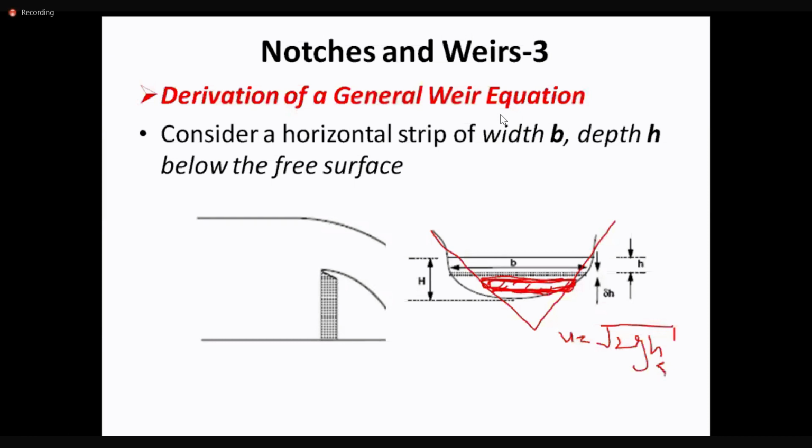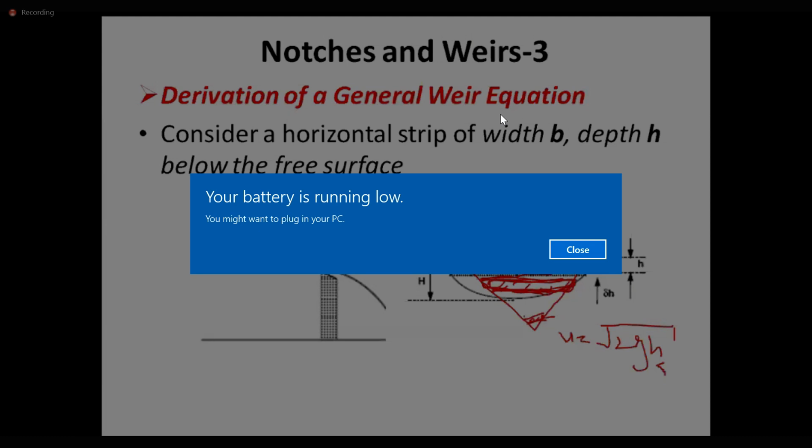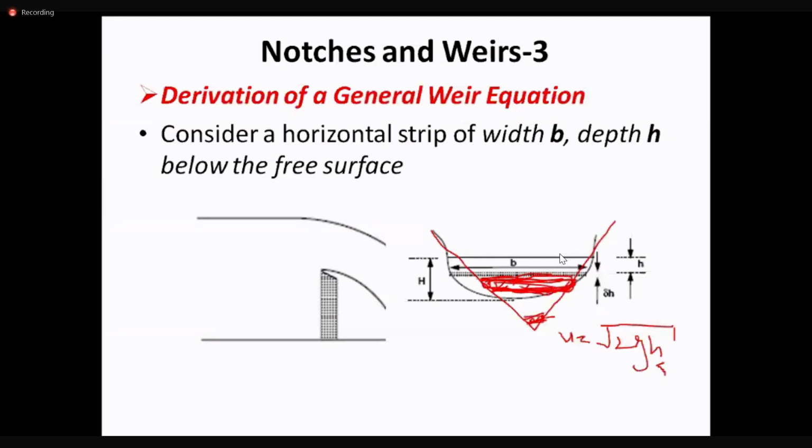So the higher the head, the higher the velocity. A strip close to the bottom has a higher velocity than a strip near the free water surface, because the only term that is changing in this case is h.